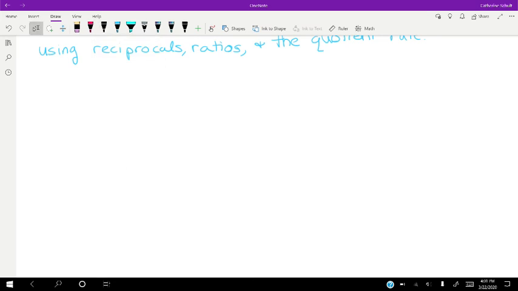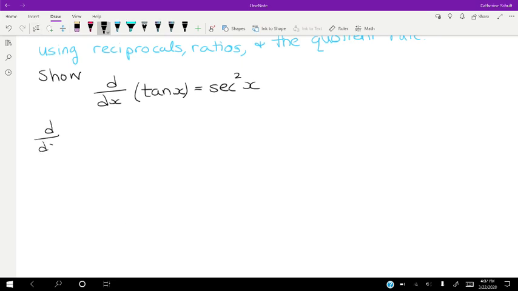We're going to show the derivative of the tangent is equal to, and I'll write all of these out later because you have to memorize all of them. But for now, let's just focus on the proof of the secant squared. All right, so how we're going to show this is by using ratios and the quotient rule. So the tangent is equal to y over x, or sine x over cosine x.